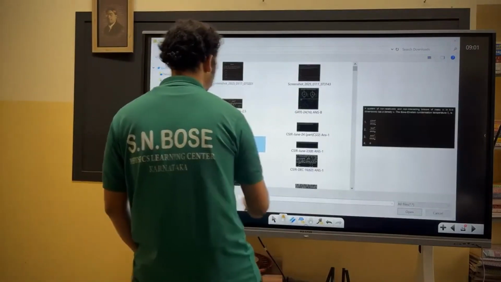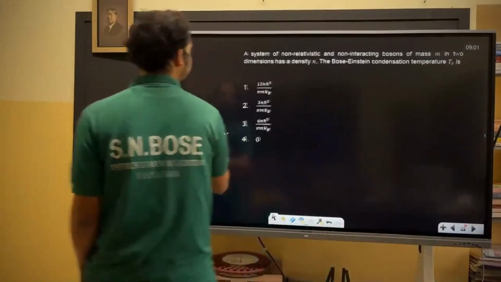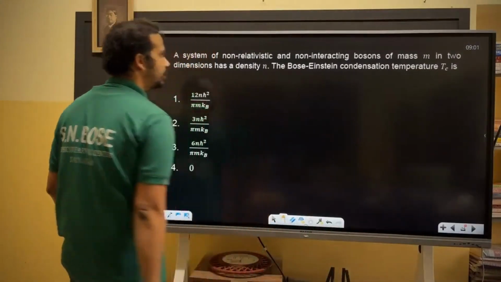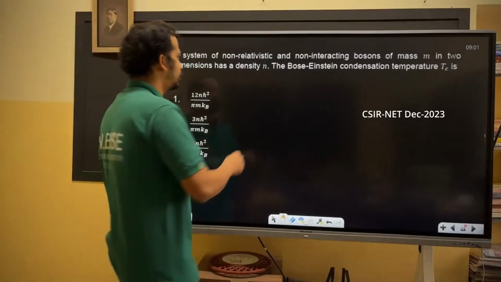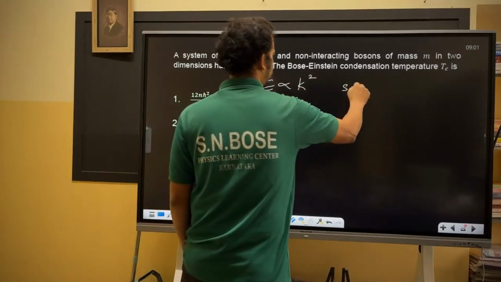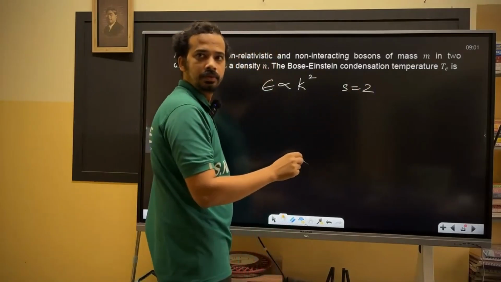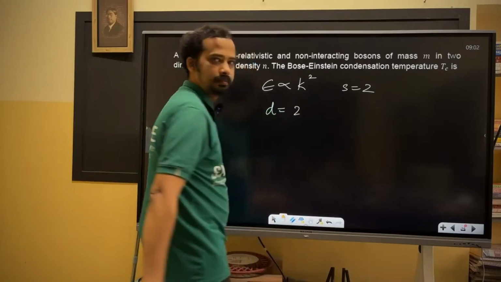But how do you solve this question? The system of non-relativistic and non-interacting bosons of mass m in 2 dimensions. Non-relativistic means S equal to 2. Dimension is 2.